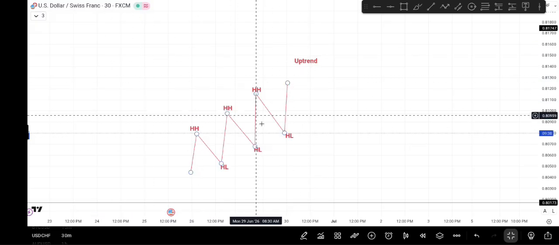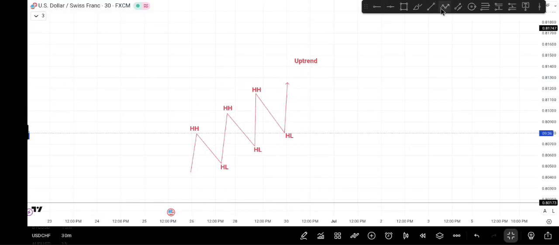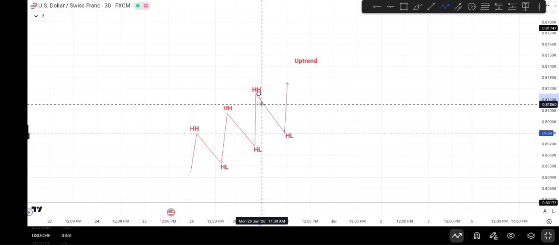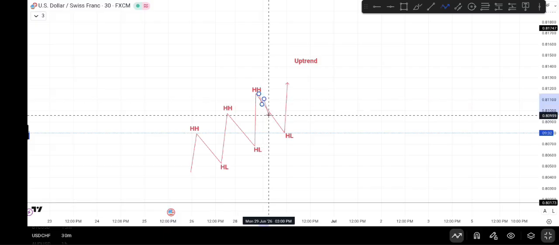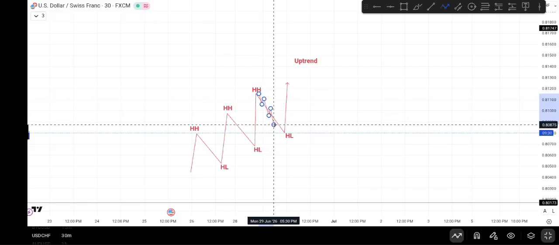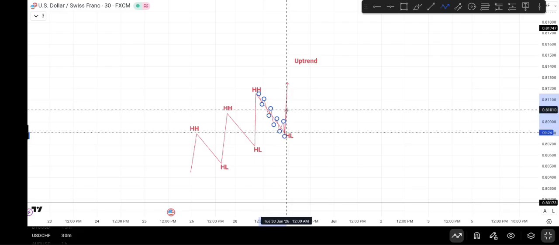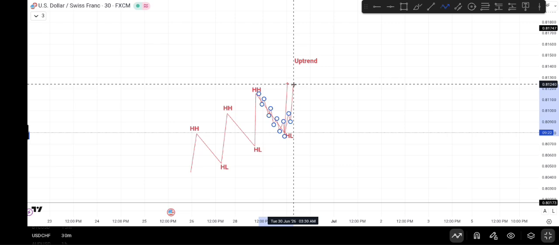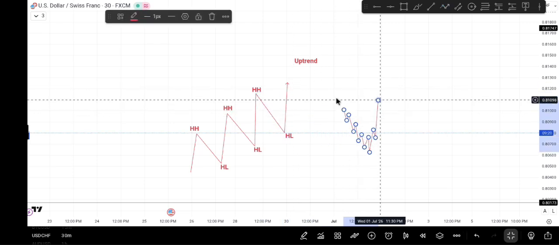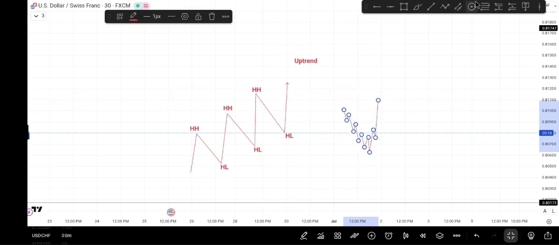But considering this as a swing structure, there are smaller structures in between that make this retracement. Smaller structures consisting of lower lows and lower highs till the structure is broken and a retest is formed before a buy.